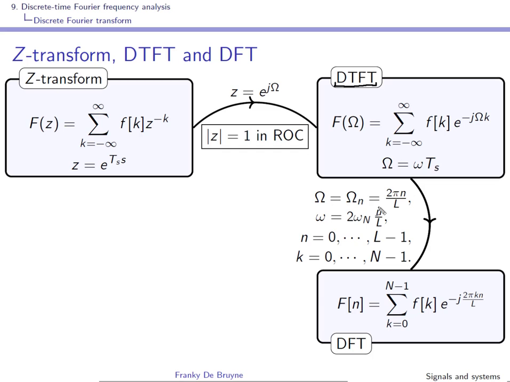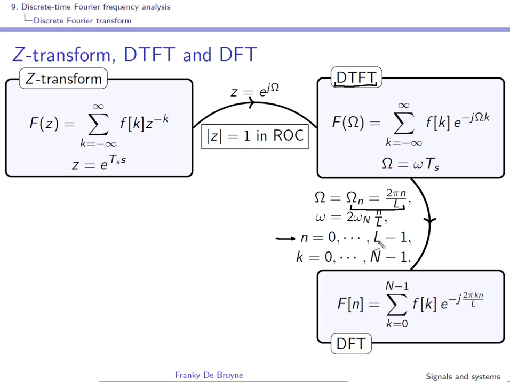So what we'll do is, of course, consider this discrete time Fourier transform over the period 2 pi, and sample the discrete frequency like this. L will be a variable, and n here will be the sample index, and you can see that little n goes from 0 to L minus 1.